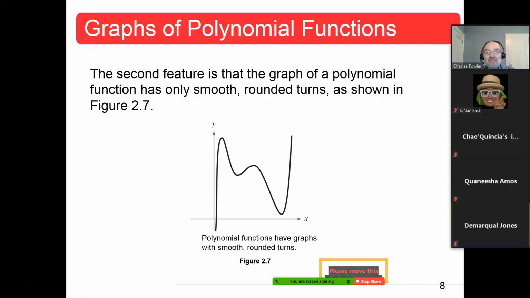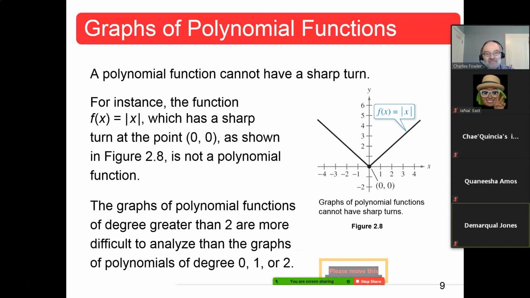Here's an example of one that's not a polynomial function. This has a corner in it, not a smooth transition. It's continuous for sure. It's the absolute value function, a continuous function, but it's not smooth down here. It's pointed. It makes a sharp turn when it hits the origin.